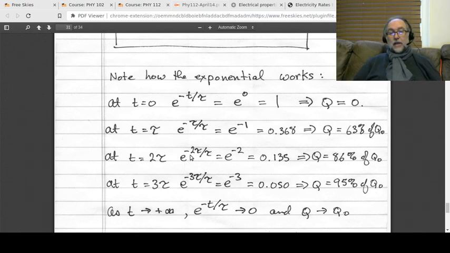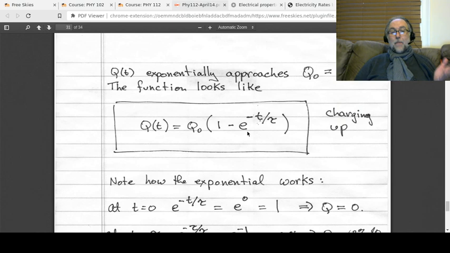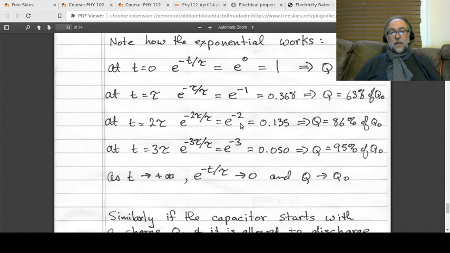Now you're going to put in e to the minus 2 tau over tau. That's e to the minus 2. You work that out on your calculator and you get 0.135. Now remember, over here it's going to be 1 minus 0.135, and so by the time you're at 2 taus, q is going to be 86%. And you do it again at 3 taus, you're at 95%, and so on.